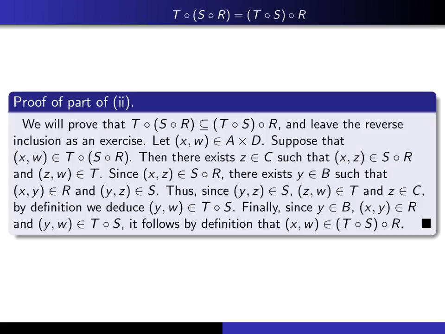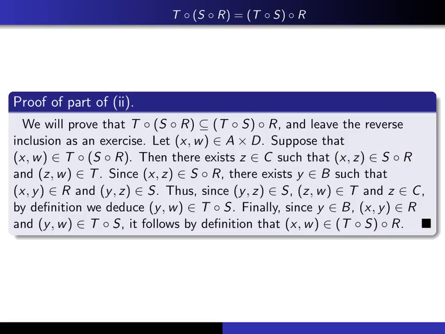There has to be a linking term in B, and so that means there has to exist a y in B such that xy is in R and yz is in S. That's the formal definition of this statement here.